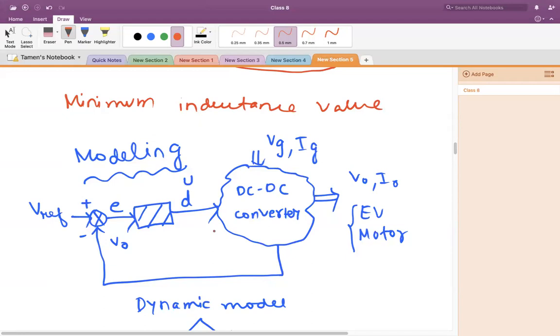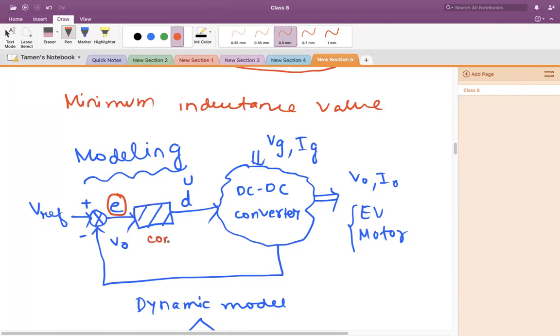In this model, we are getting an output voltage. We are comparing with the reference and we are getting some error. Can you see? Yes. So now this error, what will it do?